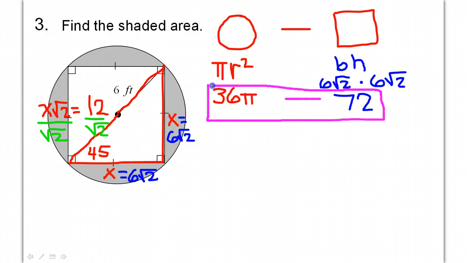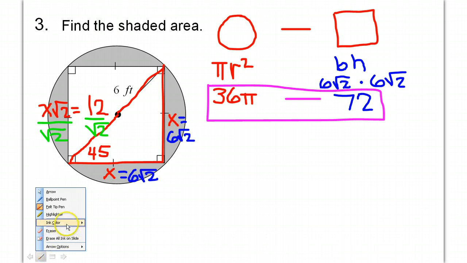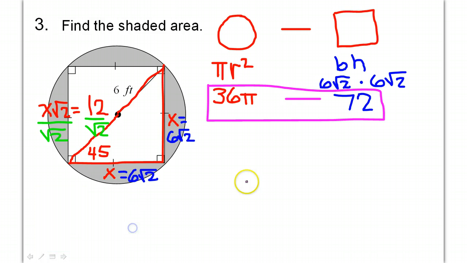It doesn't get any more simplified than that. 36 pi minus 72. But of course, you can also write this as a decimal. That would be 41.10 square feet.